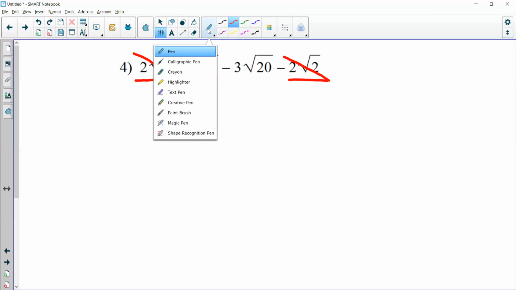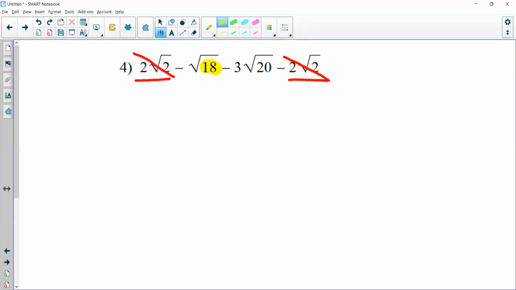Now we are looking for a perfect square hiding inside the 18 and a perfect square hiding inside the 20. Let's do both of these separately. So this one will end up being negative. Don't forget there is a negative in front. Square root of what perfect square divides into 18?